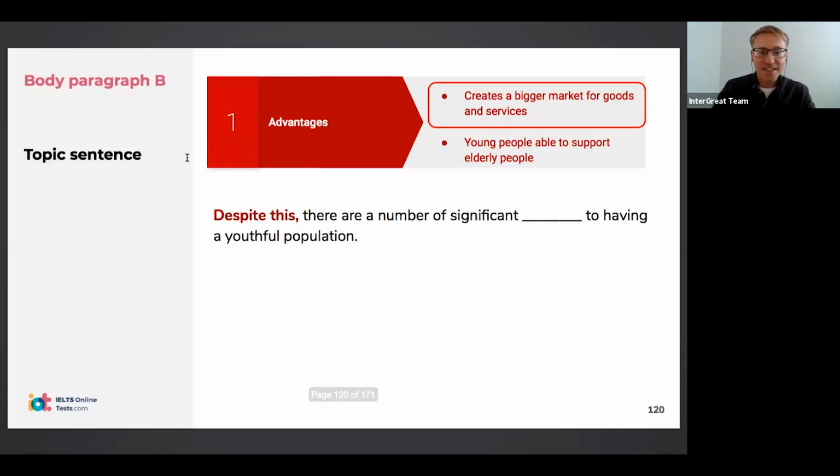Great. Let's see. Good question from Anonymous. Is the introduction a little bit too long? Yeah, that's a good point, Anonymous. It is quite a long introduction, but because we're rephrasing the question and the question itself is quite long, it's okay to make it very clear what you're going to describe.